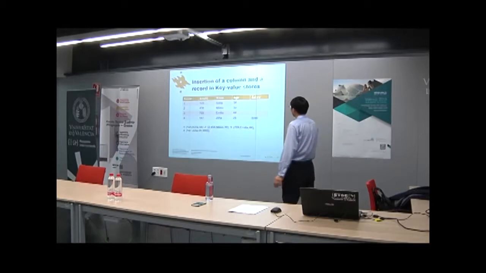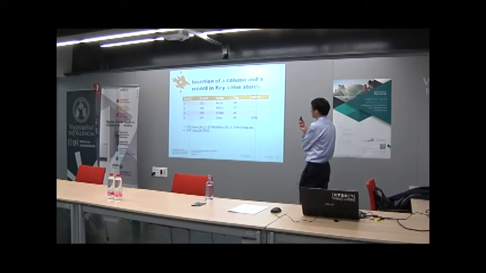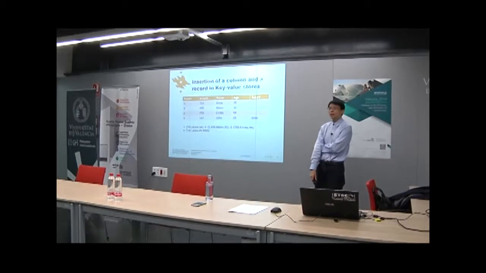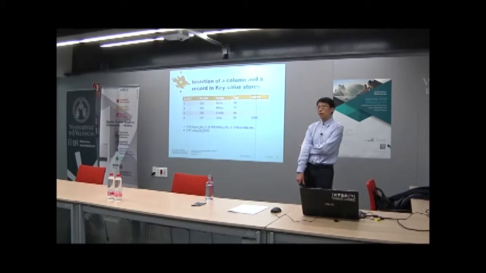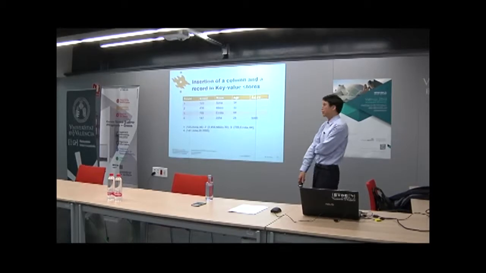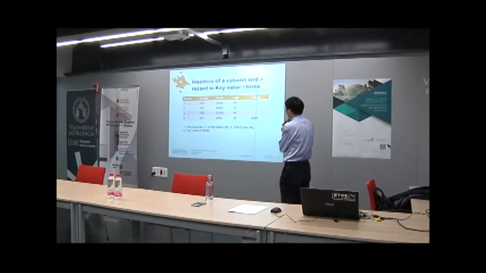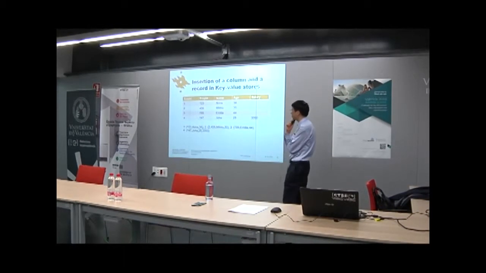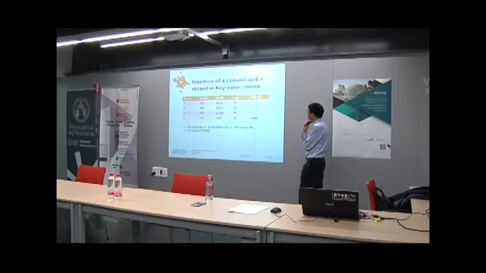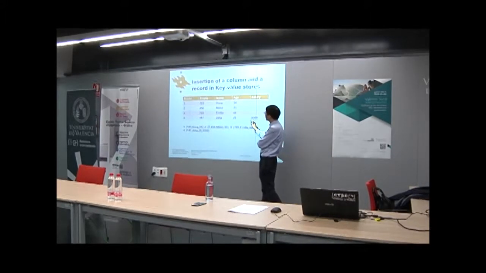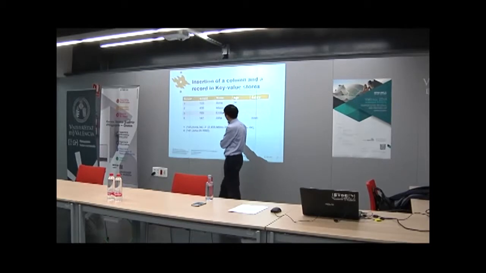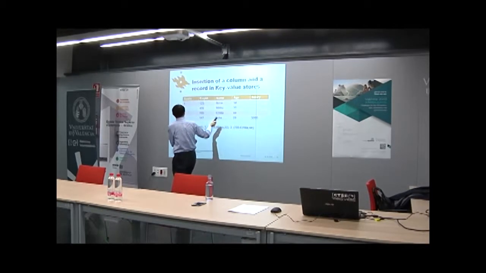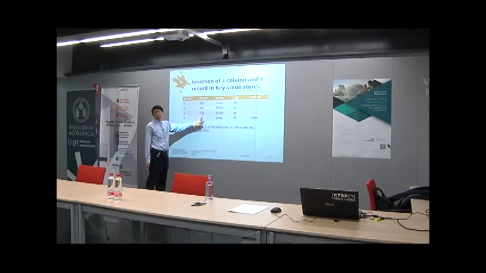In these examples, key value storage is very efficient for inserting one column for part of the data. For example, if we want to add a new attribute to these tables, say the salary, but this salary can only be added for one employee.